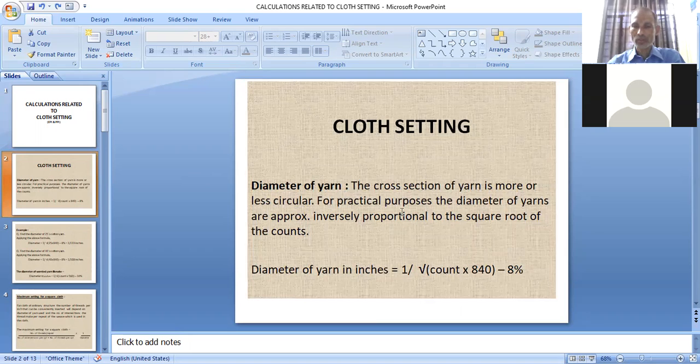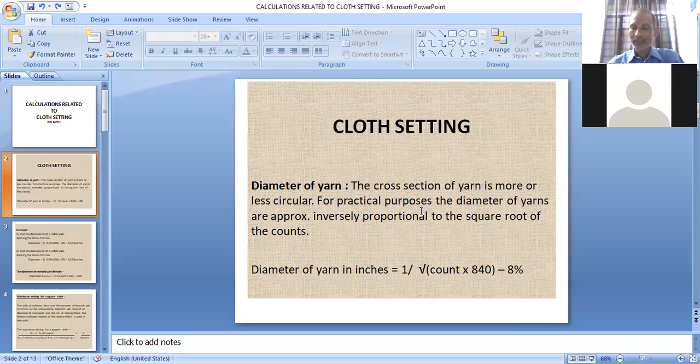So first, the most important thing in the calculations of set of cloth is to find out the yarn diameter. And yarn diameter can be found out with a very simple formula. The cross section of yarn is more or less circular. However, it is not completely circular, but for easy calculations, we are assuming it circular because it is near to circular.